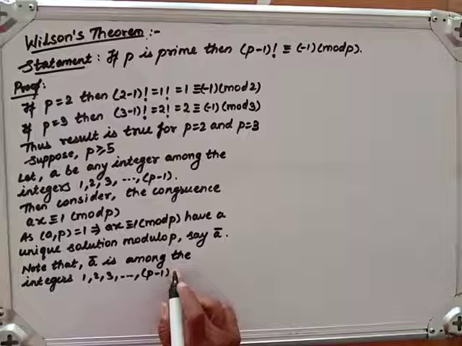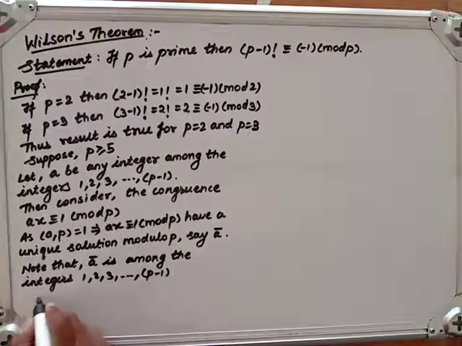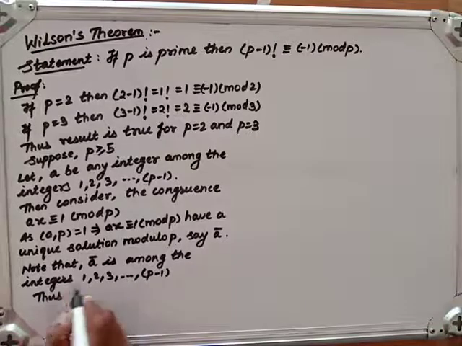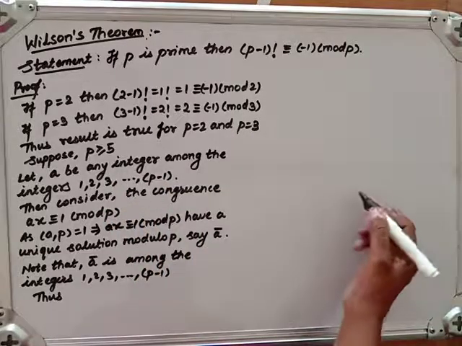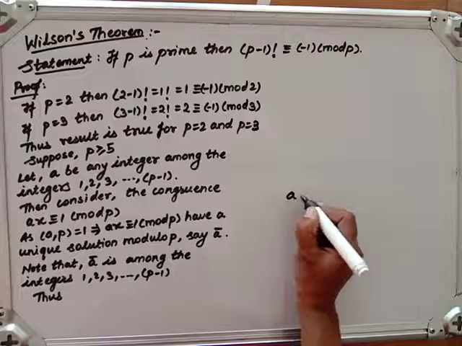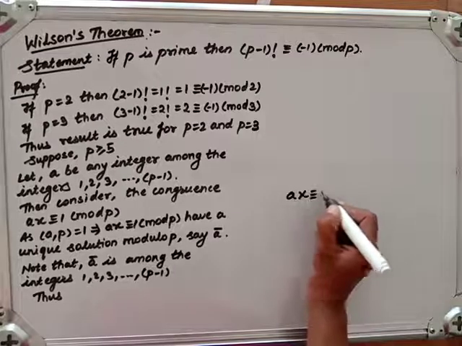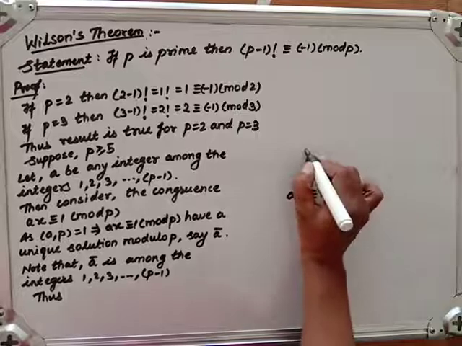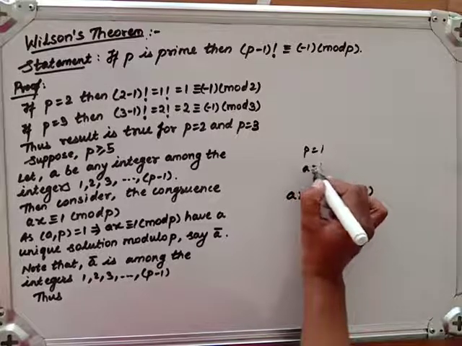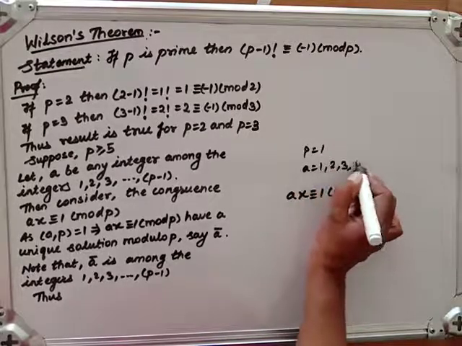Okay, so you can verify that one by taking an example as P is equal to 5. Then A is 1, 2, 3, 4, and Ax congruent to 1 modulo 5. What is A in that case? 1, 2, 3 and 4.